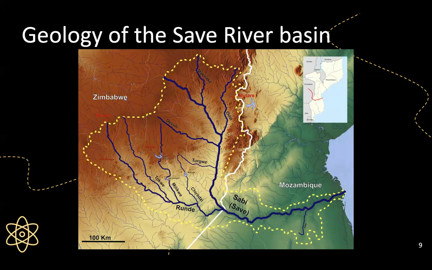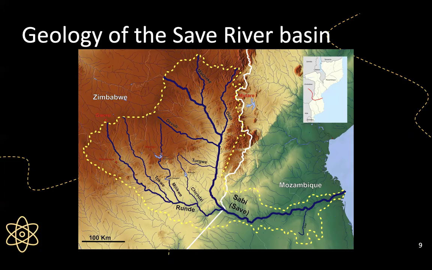Our research area is located along the Save River in central Mozambique, in the Sofala and Inhambane provinces, where you can see older weathered bedrock like that of the Zimbabwe Craton, where the tributaries of the Save River originate. They have higher strontium 87 ratios because the bedrock had more time to undergo radioactive beta decay.